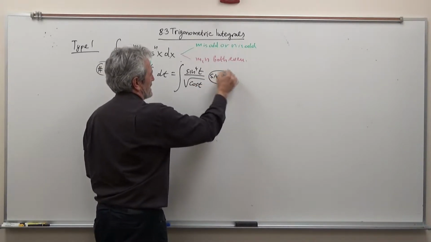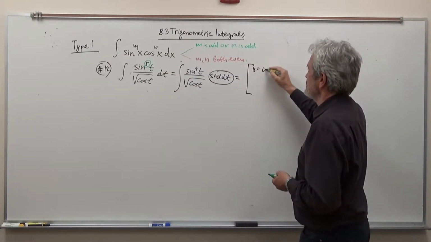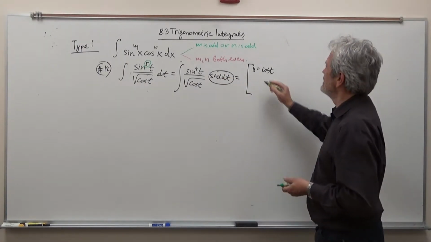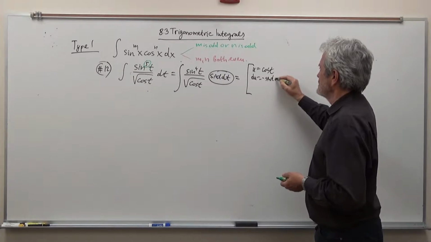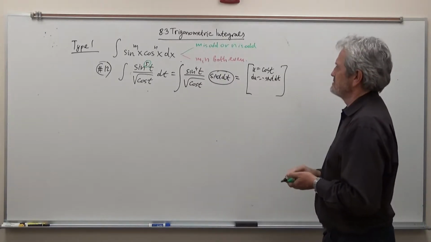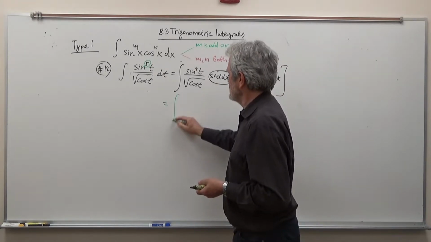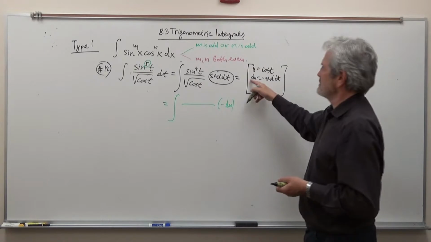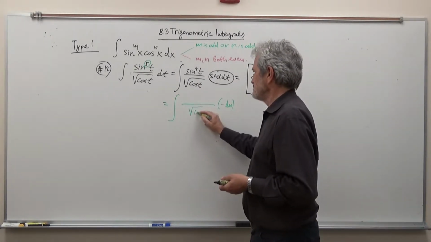So that kind of guides you quite clearly that our substitution should be u equals cosine t, because that's your derivative, or something close to it, so du is minus sine t dt. So now substitution works quite well. It will be integral. Here you get negative du, this minus goes to the other side. Then here is square root of u.